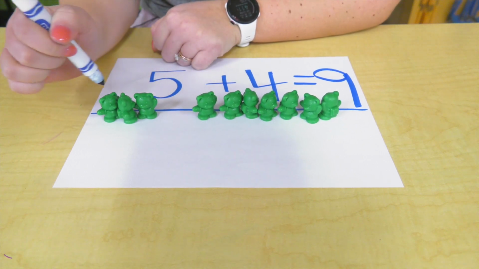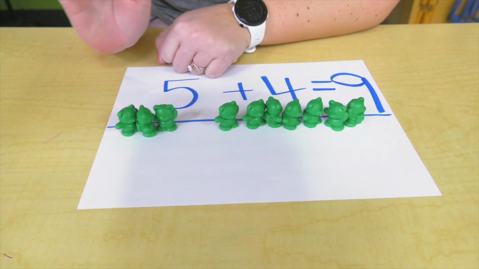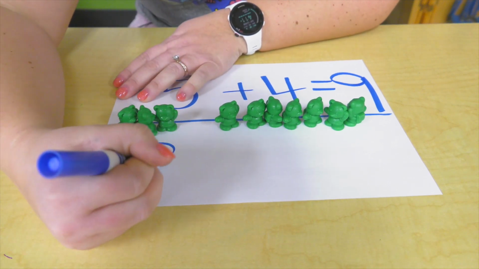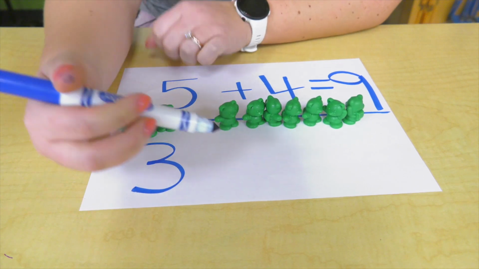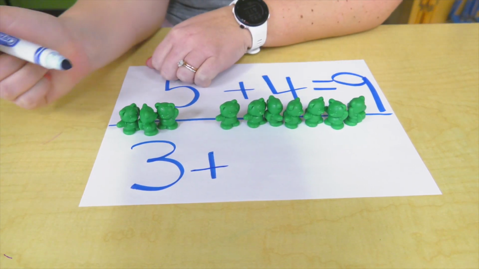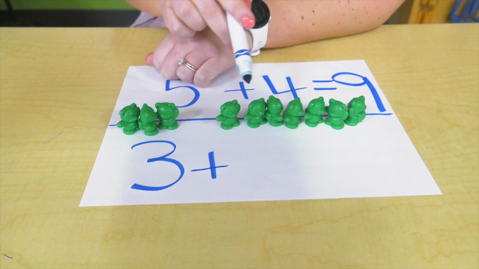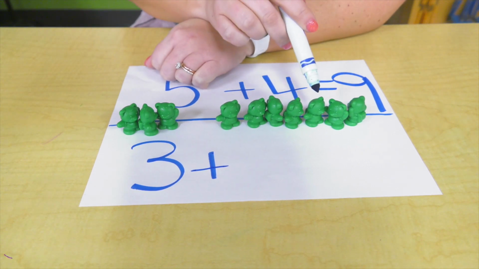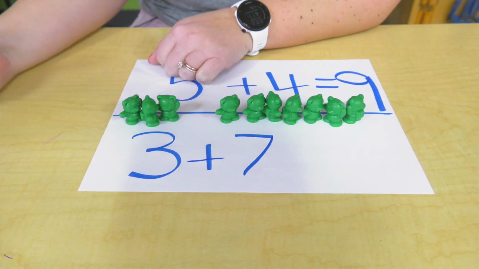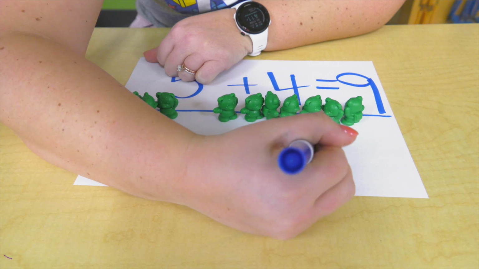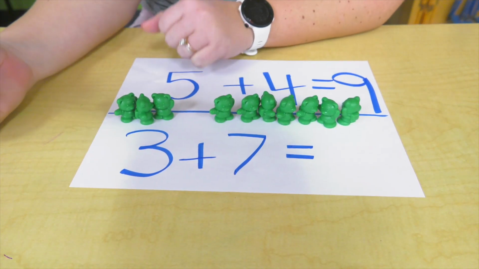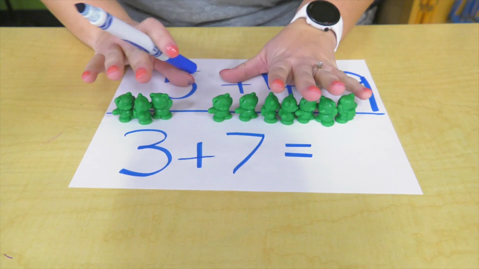How many bears are in my first group? My first group has 1, 2, 3. And I want to add it to my second group, which has how many bears? 1, 2, 3, 4, 5, 6, 7 bears. I use my equal sign to show that I want to put my answer on the other side, or the sum of my 2 groups of bears.